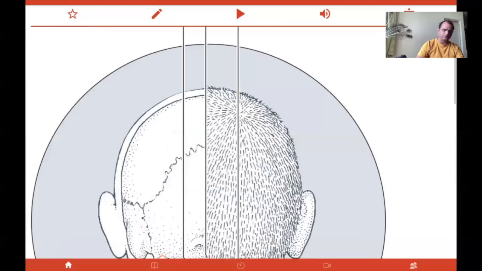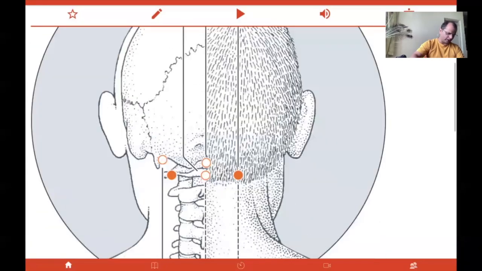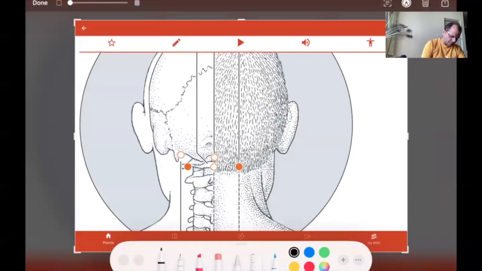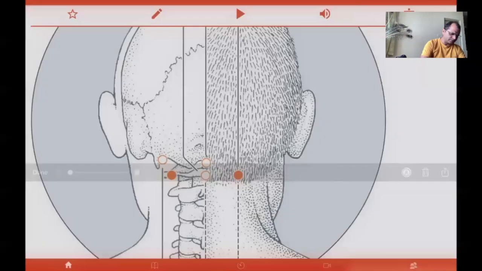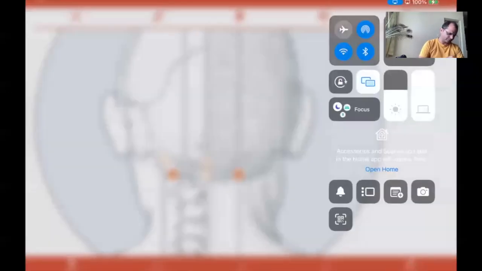If the person is suffering with neck pain, we can use this bladder 10. Bladder 10 is on the hairline, 1.3 chun right and 1.3 chun left. Got it? So this is bladder 10.